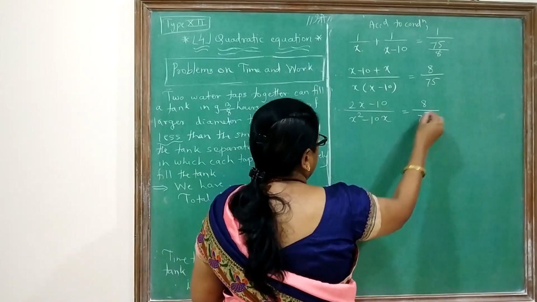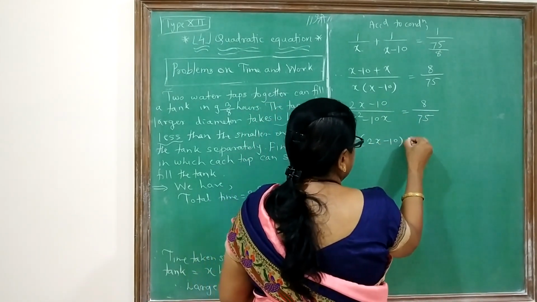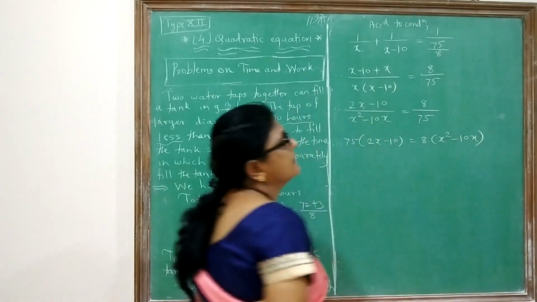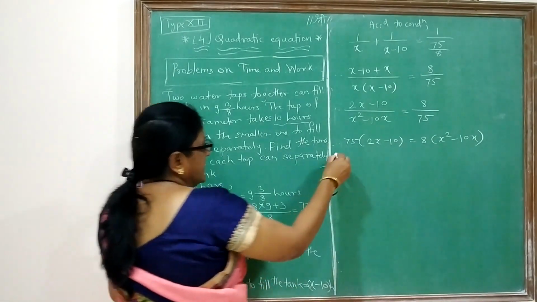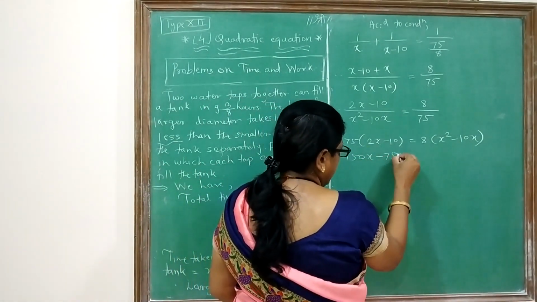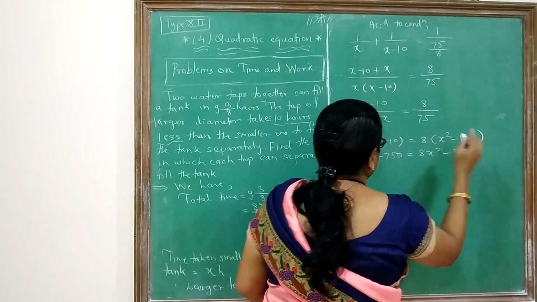Again cross multiply, then 75 into 2x minus 10 equal to 8 into x square minus 10x, and 75 into 2 is 150x minus 750 equal to 8x square minus 80x.